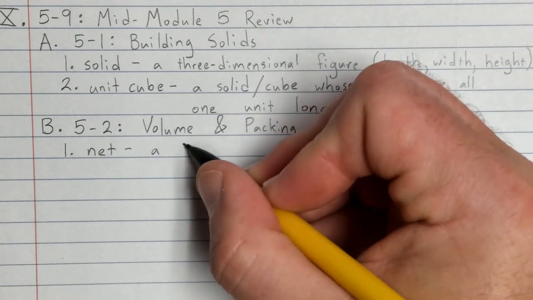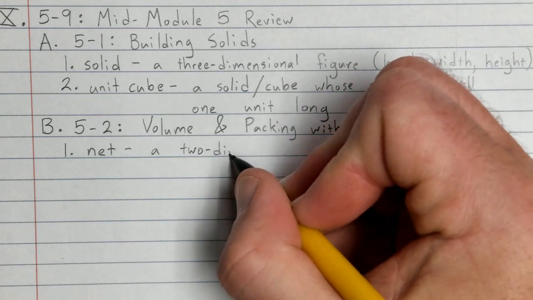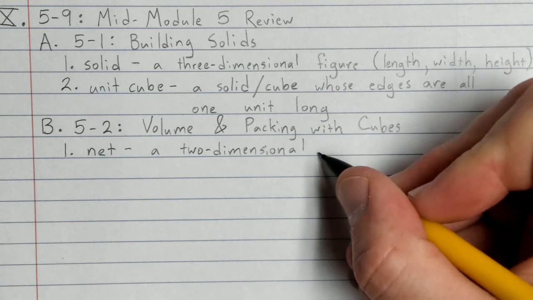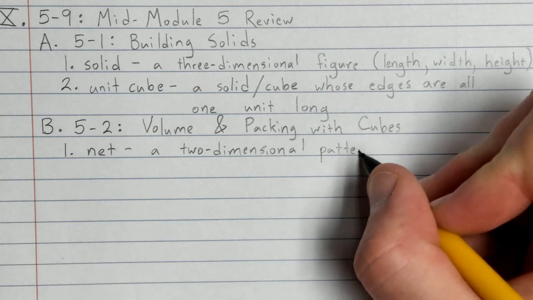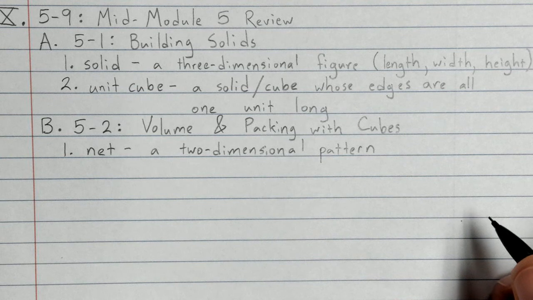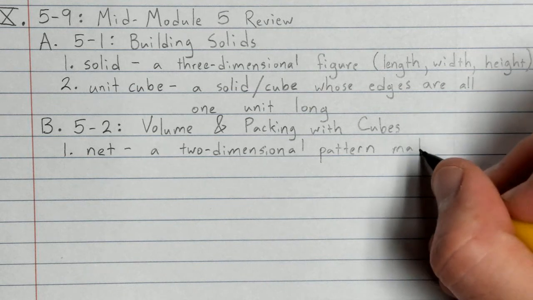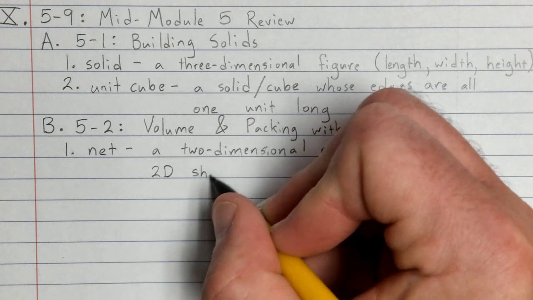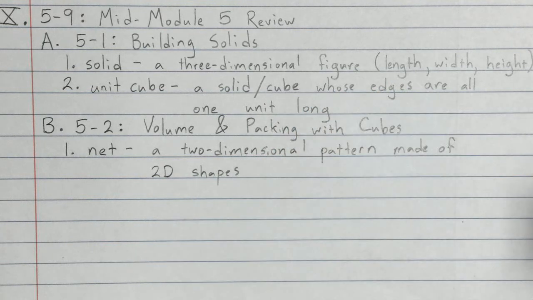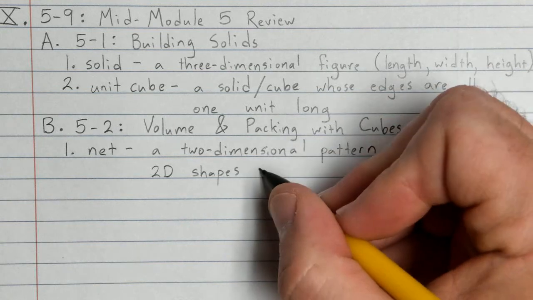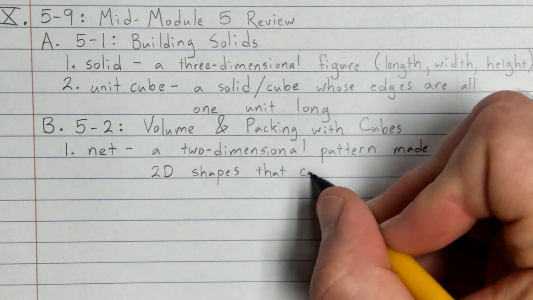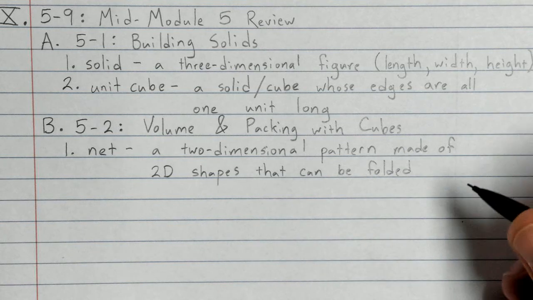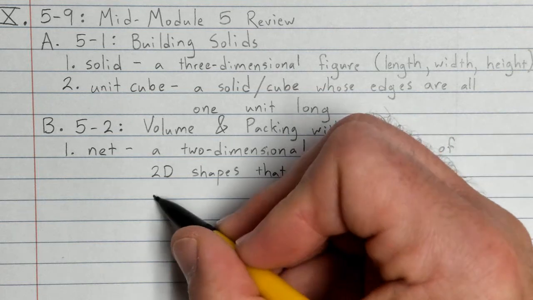A net is a two-dimensional pattern made of 2D shapes that can be folded to model a solid.